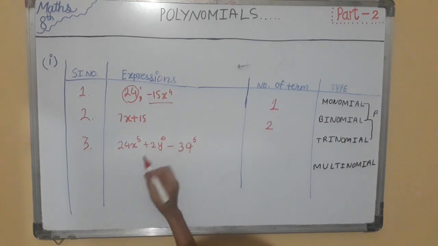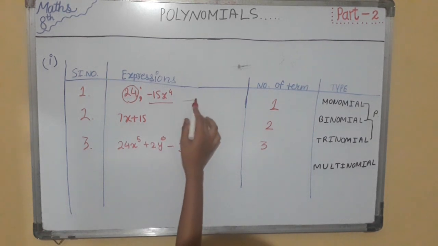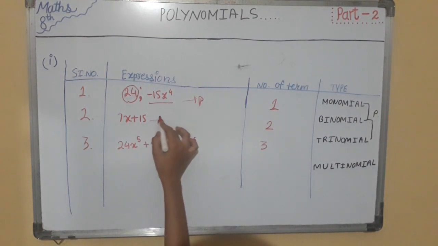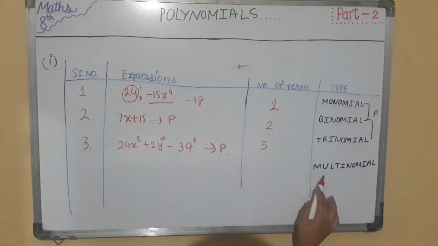Here there are three terms, and if any expression has three terms, it is called a trinomial. Now these are also called polynomials. Even this can be called a polynomial or multinomial.